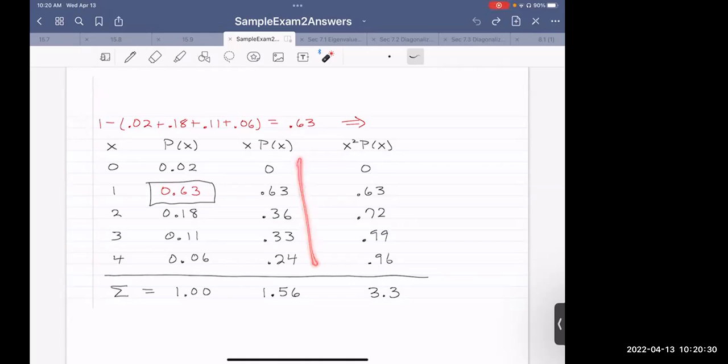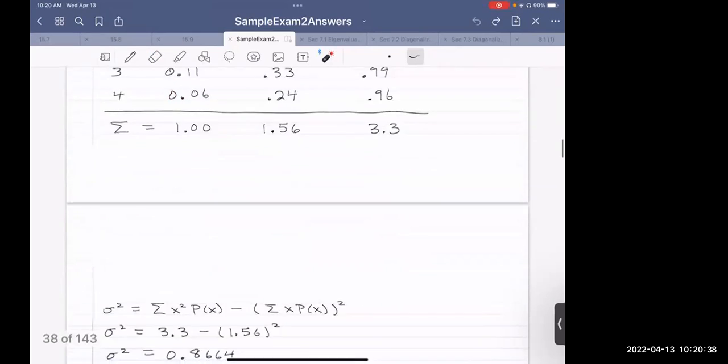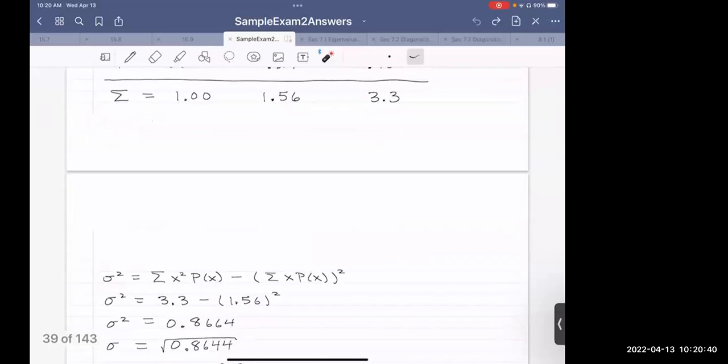Let's add up this column. I get 1.56. Let's add up this column here. So I get 3.3. So my variance is the sum of the last column, the x squared p of x column, 3.3, minus the square of the sum of the previous column, the x p of x column, 1.56 quantity squared.